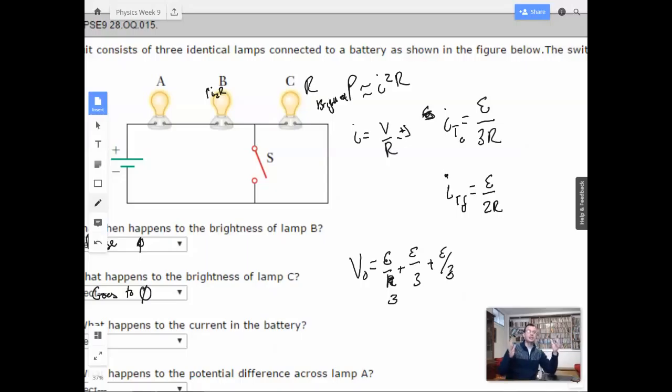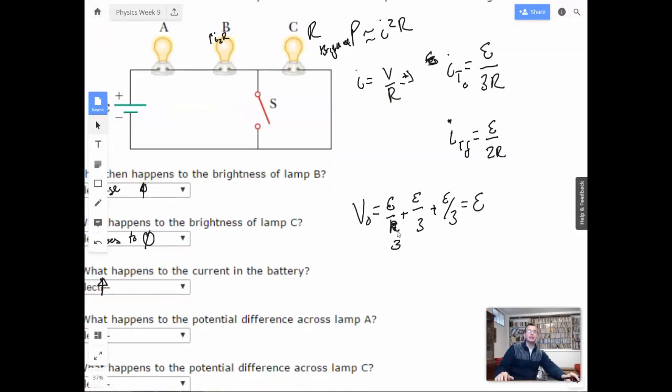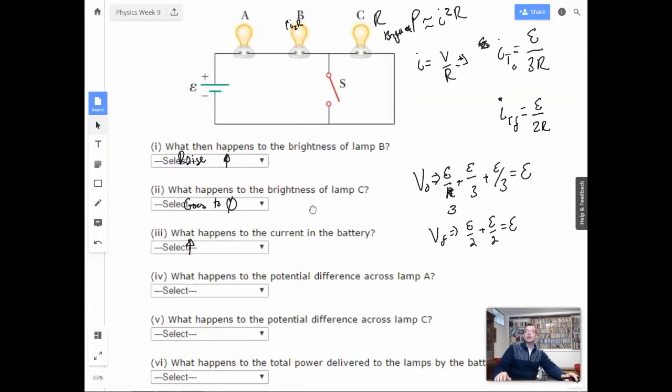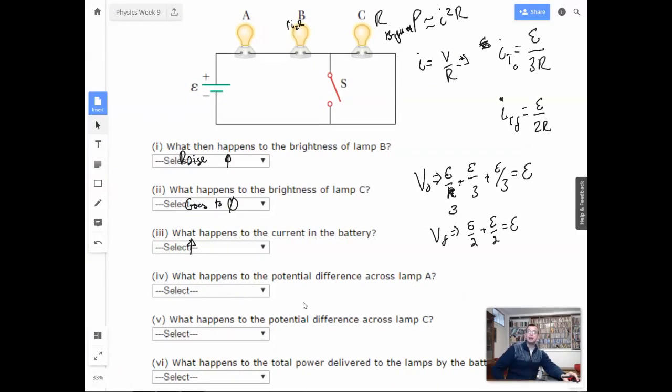So the total voltage we have, which is epsilon, is going to drop 1/3 of its voltage across each of them. I'll make an arrow there, so it's not actually equals, it just implies. Then after we close the switch, we're only going to have 2 lamps, with epsilon across them, so it's going to drop half the voltage across each lamp. So what happens to the potential difference across lamp A? The potential difference will rise.